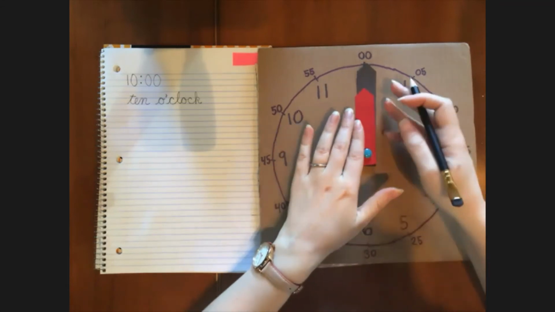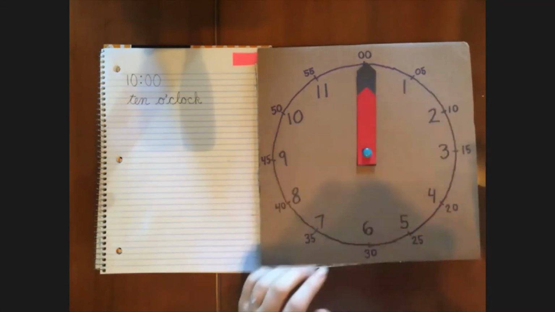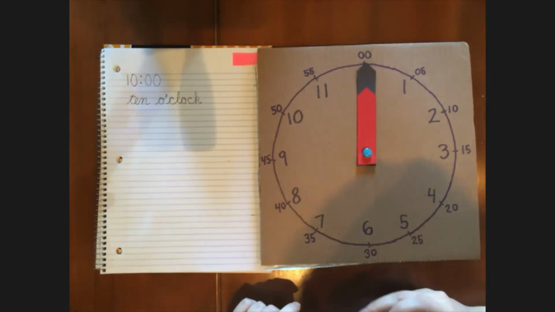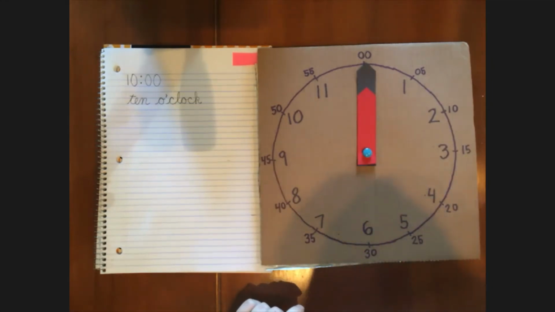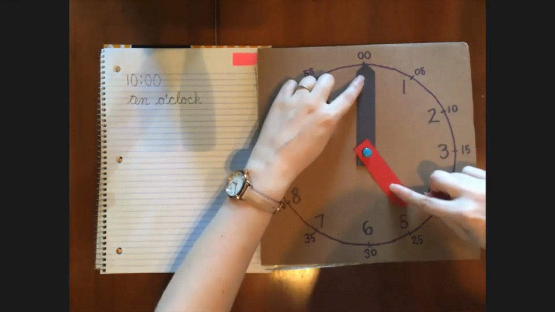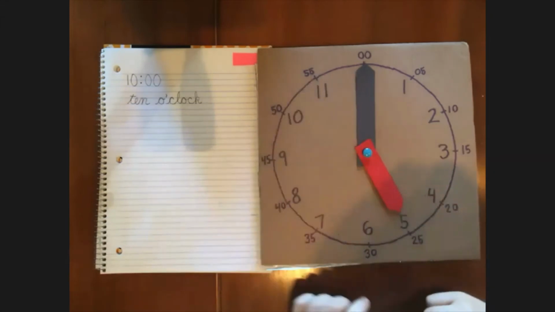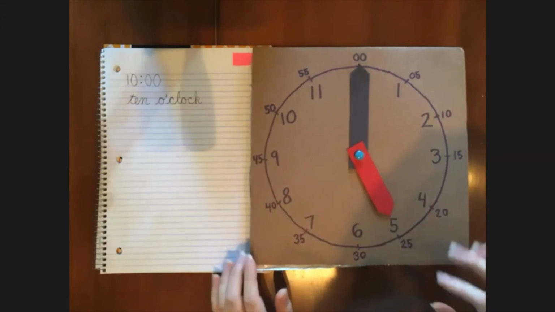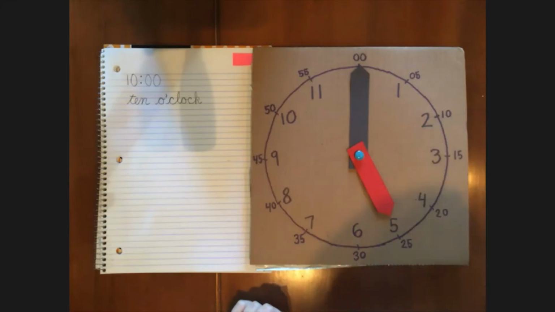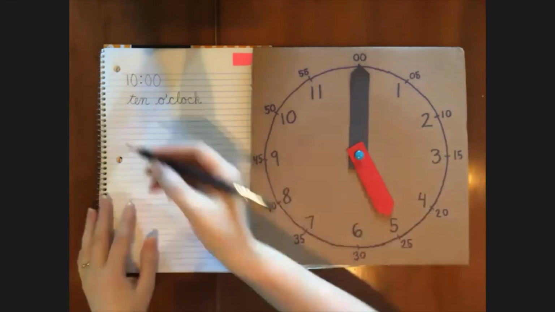So let's try a few more. I wonder if we could both make 5 o'clock with our clocks? Let's make 5 o'clock. Do our clocks look the same? 5 o'clock. Great. Let's write 5 o'clock next.